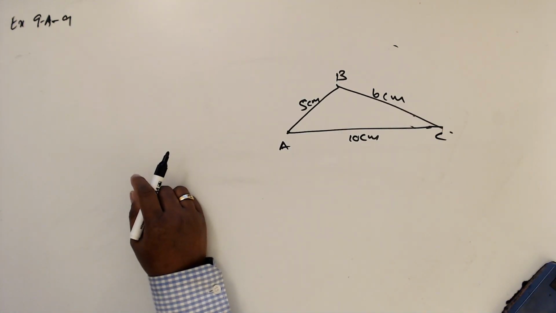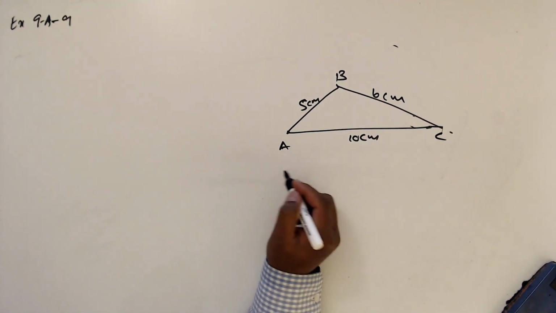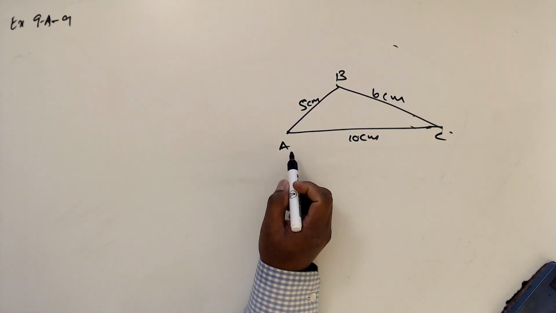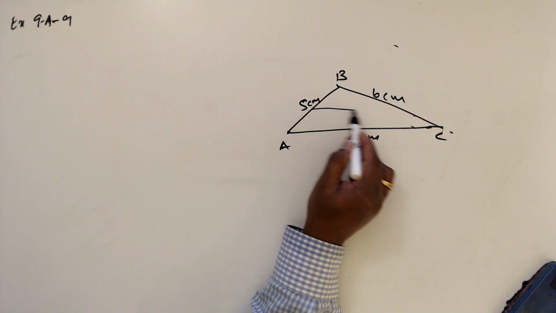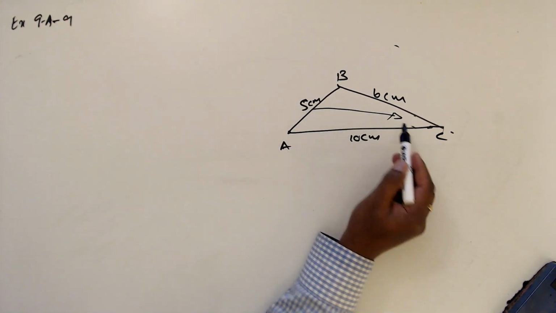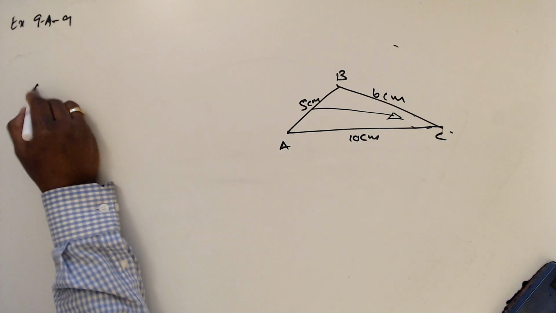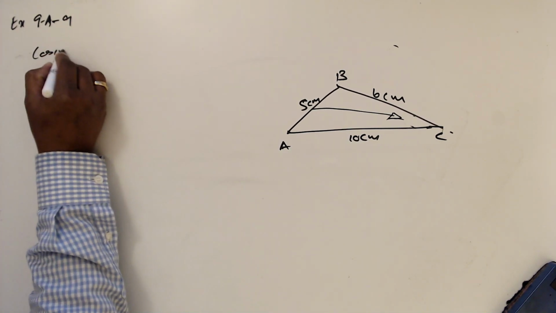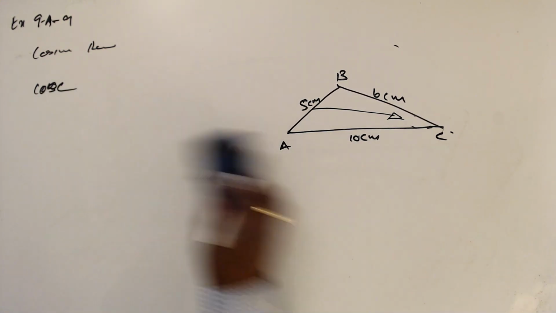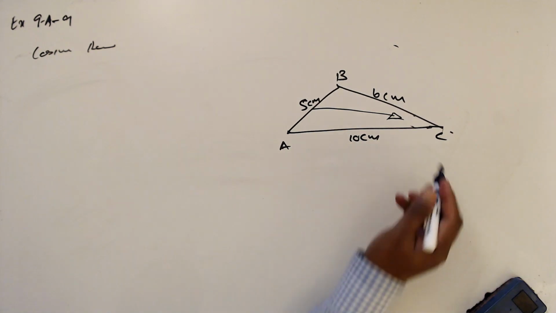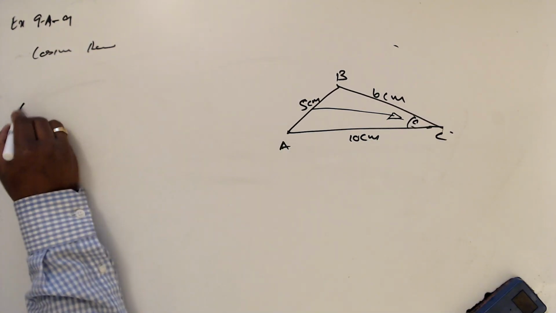Question number 9. Calculate the size of the smallest angle. The smallest angle you can see is in front of the small side. So this is the small side, then this is going to be the smallest angle. From the cosine rule, this is the C angle.